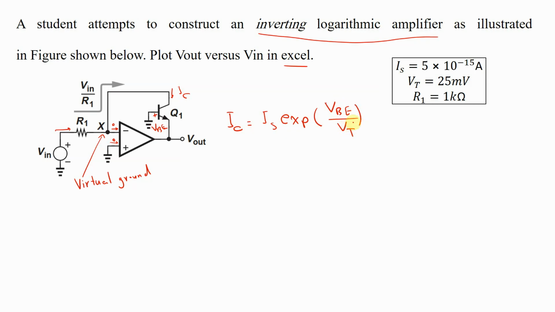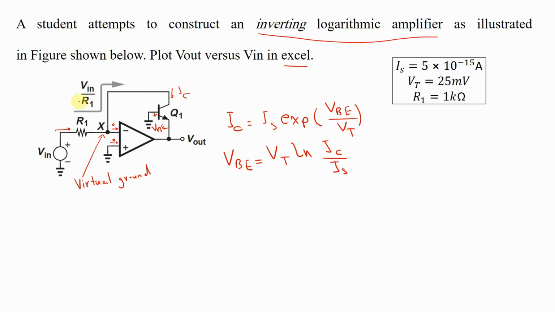Or we can rewrite this by taking an ln from both sides and calculating VBE. So VBE is equal to Vt ln of IC divided by IS. This is our relationship. Now, what is IC?